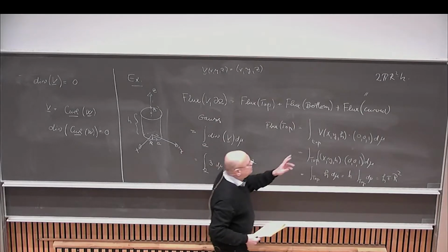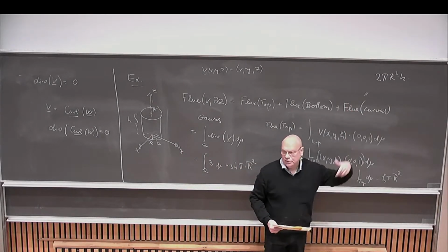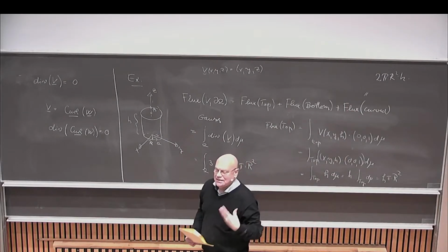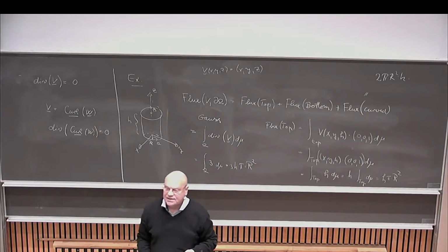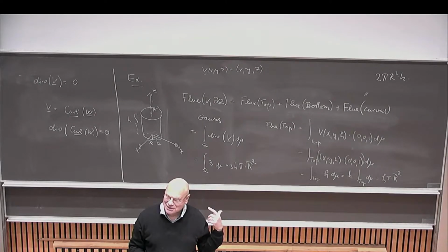And this is actually the result we got when we did the calculation. This calculation wasn't that difficult, but this calculation here is even easier. You can do it mentally, hopefully.